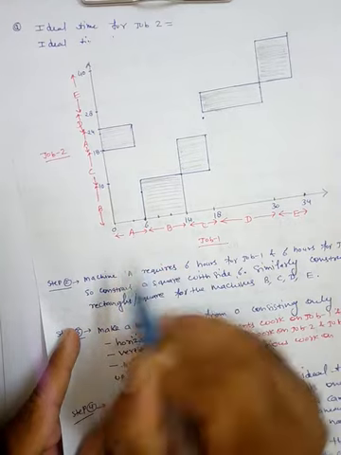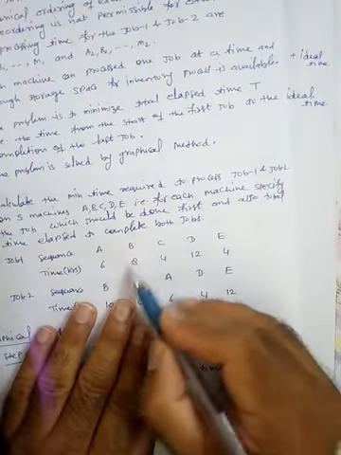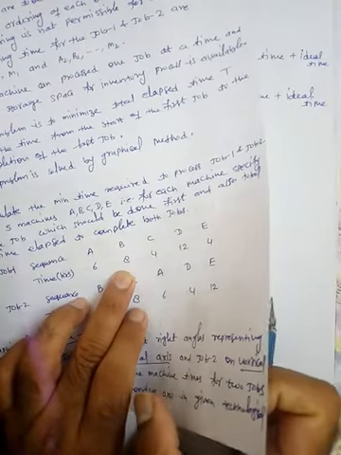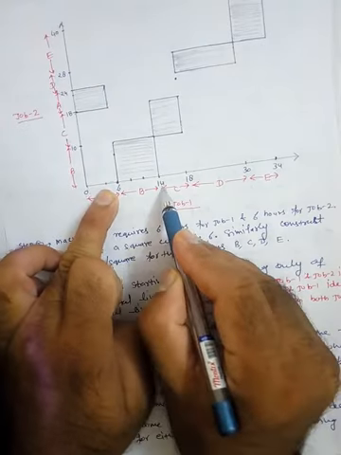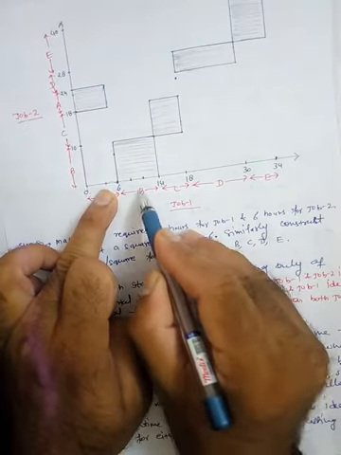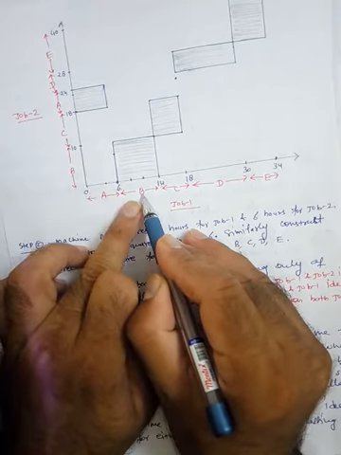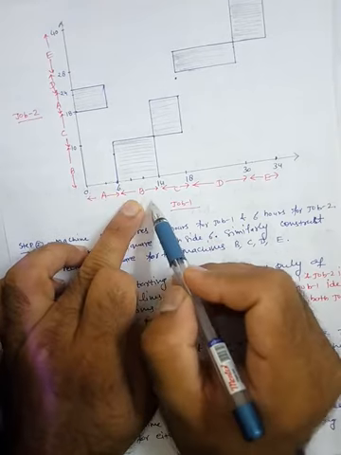Mark this. Then the second is machine B, which takes 8 hours. So just add 8 hours from here: 8 plus 6 is 14. In this duration, machine B processes job 1.